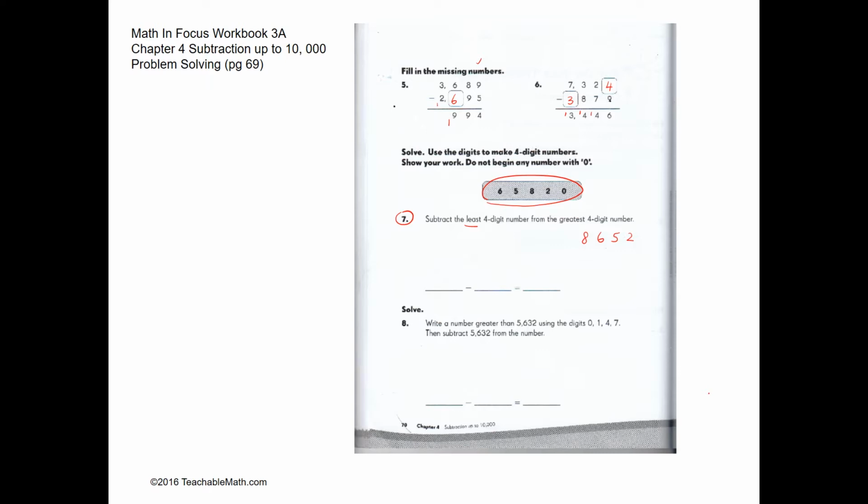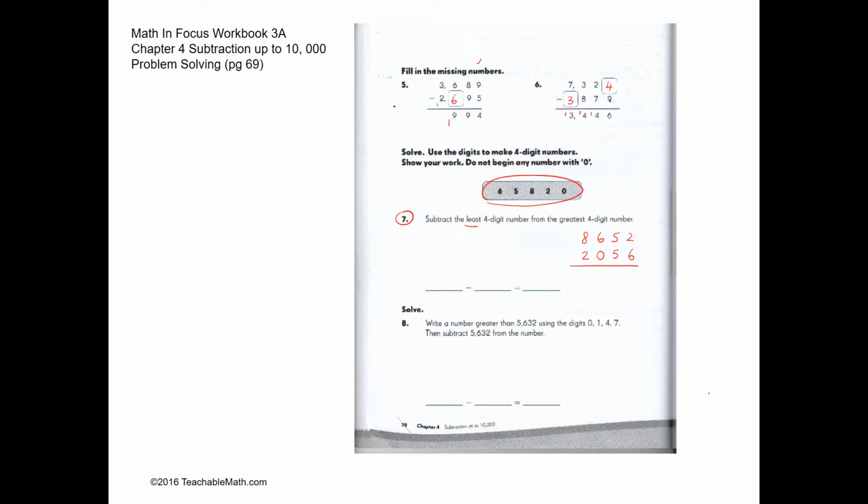So the least 4-digit number would be 2056. So you have to subtract and you will find the answer.